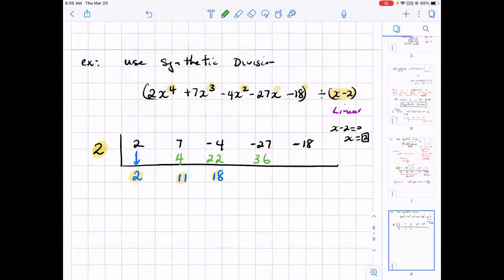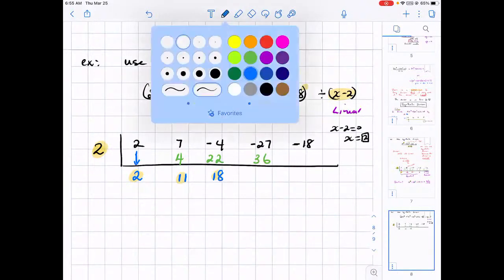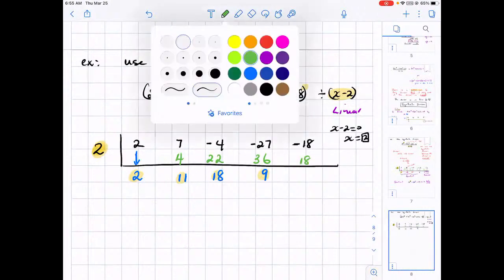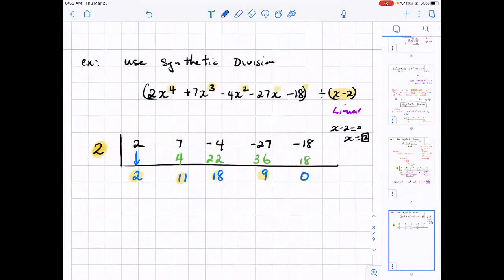And then we add negative 27 plus 36, that becomes 9. And then 2 times 9 is 18. And then if we add, we get 0. So this is your remainder.